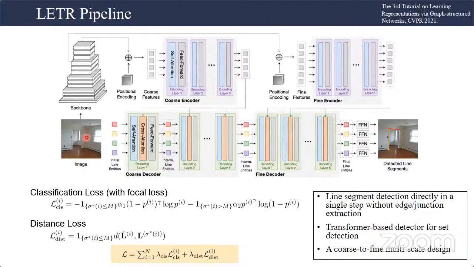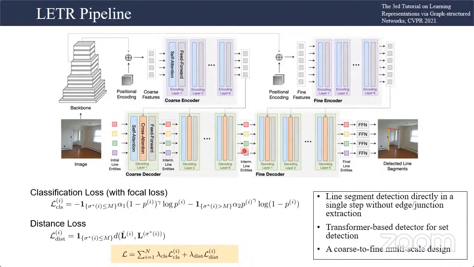For a given image, the CNN features are first extracted, added together with the position encoding, and then sent as an input to a coarse encoder. The output of the coarse encoder is used as a memory for the coarse decoder based on the initial line queries.